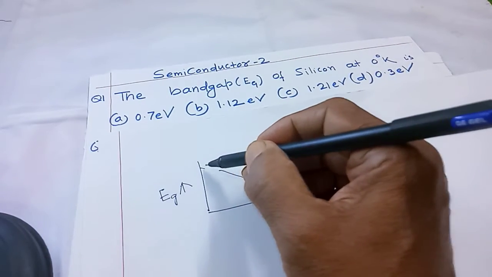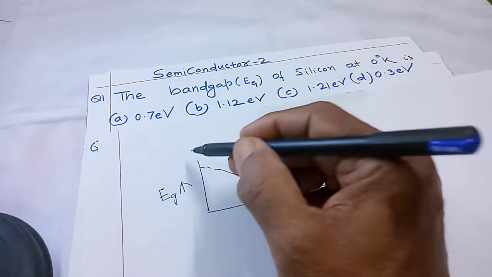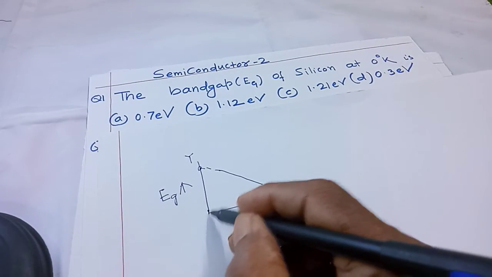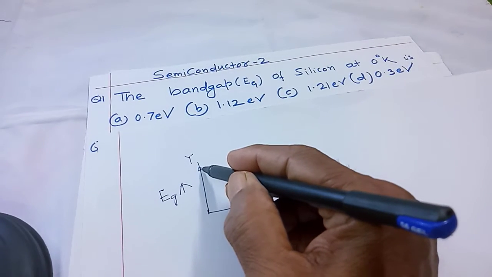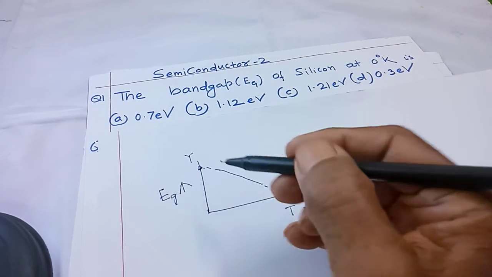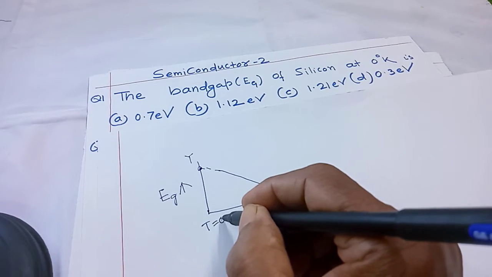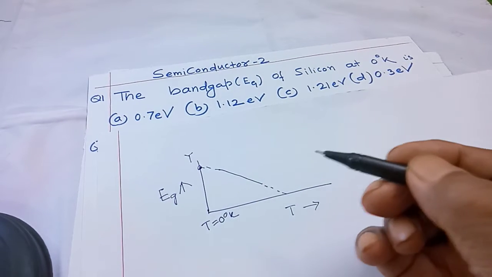This graph meets the y-axis at a point, and the value of energy gap corresponding to this point gives you the value of energy gap at 0 degree Kelvin.